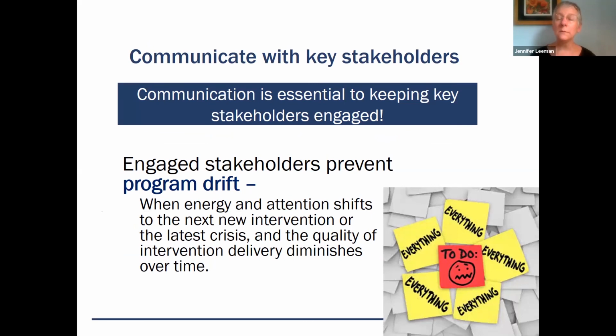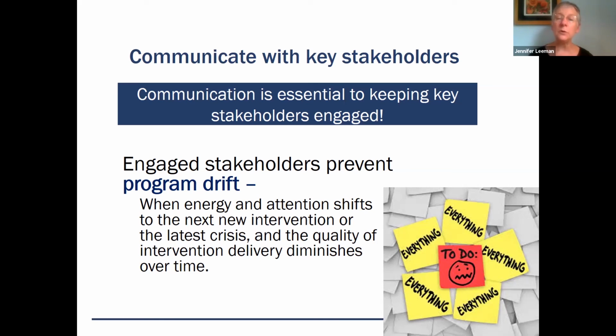We all, and the folks you're working with in your work site, are like that bright orange square in the middle there. We all have way too much on our plates to do all the time, and it's easy for us to shift our attention away from the implementation of an intervention. And so you need to keep your stakeholders engaged and informed over time.